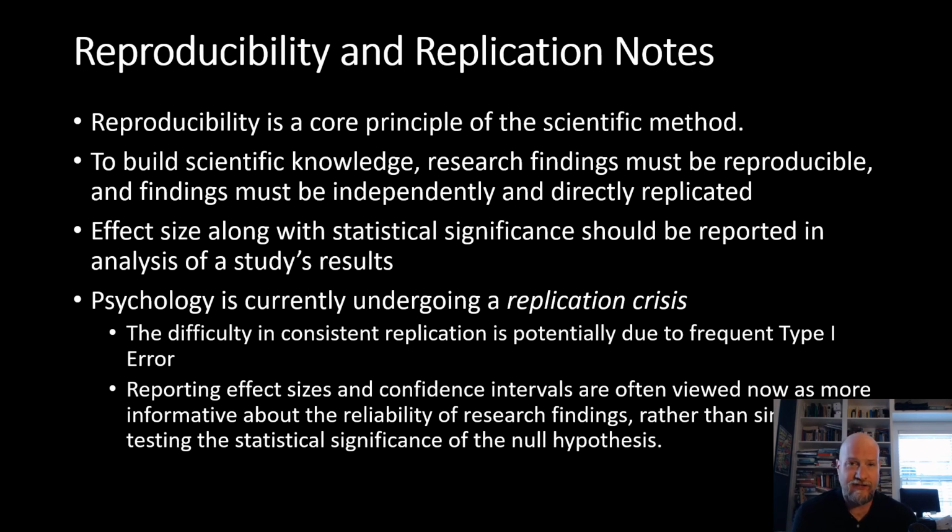Currently, psychology is undergoing something called a replication crisis. What's happening is that we're seeing less and less ability for consistent replication. And this is potentially due to what's called a frequent type 1 error, right? People are rejecting the null. They're saying that this relationship is not due entirely to chance, when in fact they should not be.